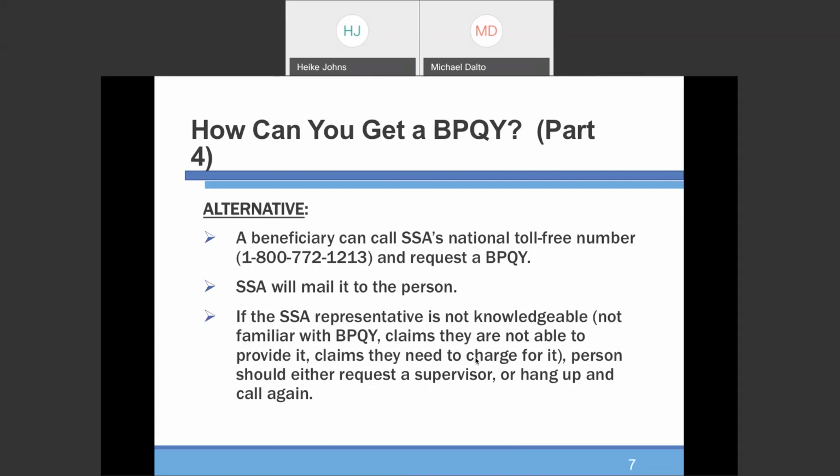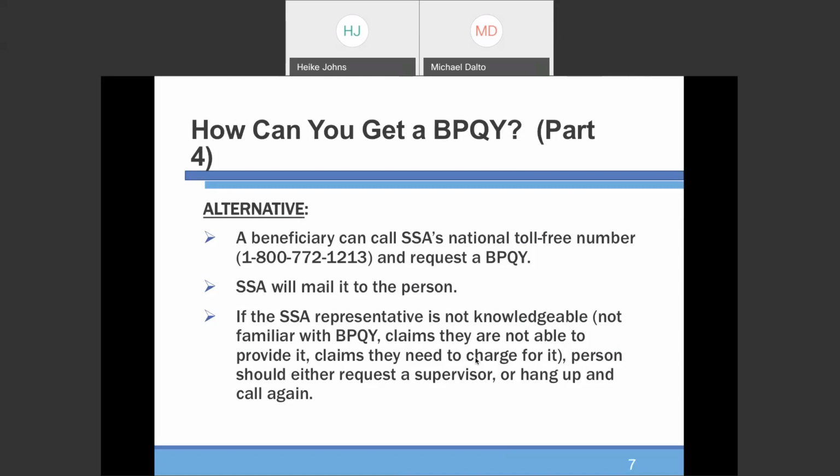However, sometimes when they call that toll-free number, they'll get a representative who may not be knowledgeable and who may provide misinformation. First of all, they may not know what a BPQY is. They may claim that they're not able to provide it to the individual, or they may claim that they can provide it, but they have to charge them a fee for it. And none of those things are true.